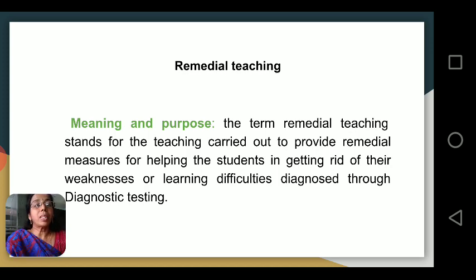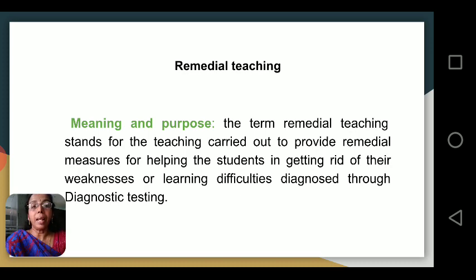Remedial teaching stands for the teaching carried out to provide remedial measures for helping the students in getting rid of their weaknesses or learning difficulties diagnosed through diagnostic testing. We have identified the learning difficulties and the probable causes at individual level and group level by doing error analysis.